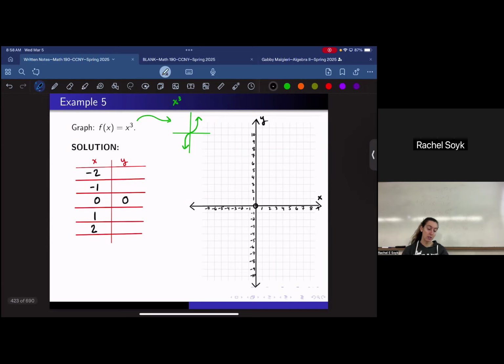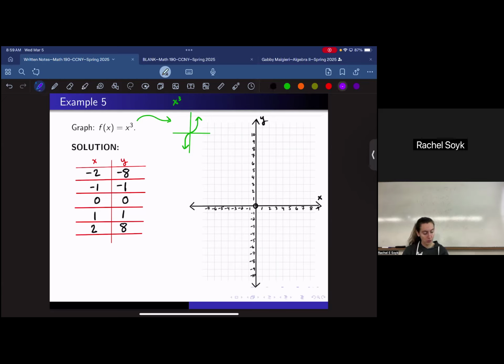Plug it in. -2 cubed actually remains negative. -2 times -2 times -2 gives you -8. -1 cubed is -1. 0 cubed just stays as 0. 1 cubed is +1, and 2 cubed is +8.